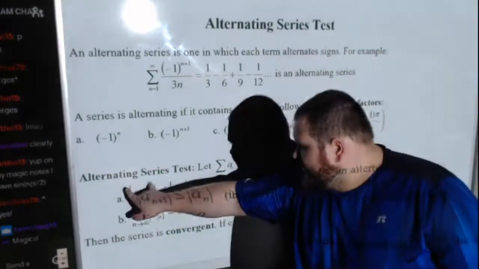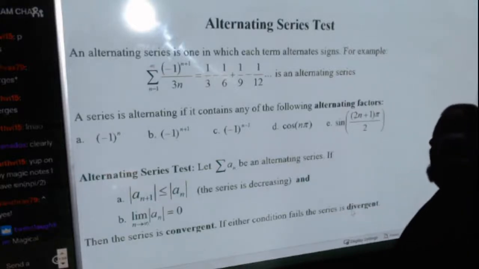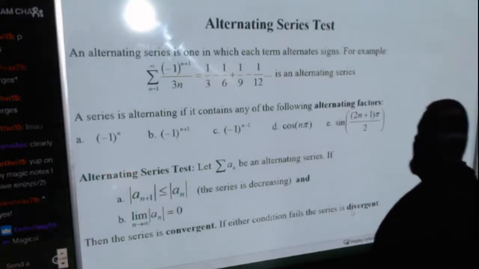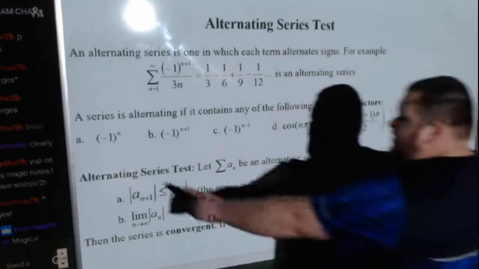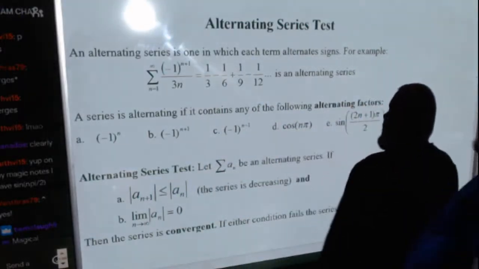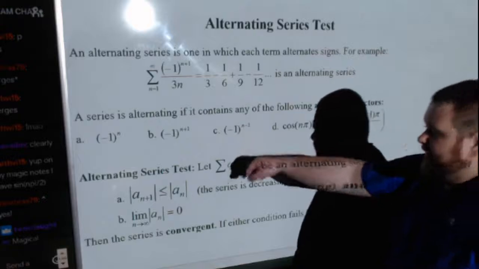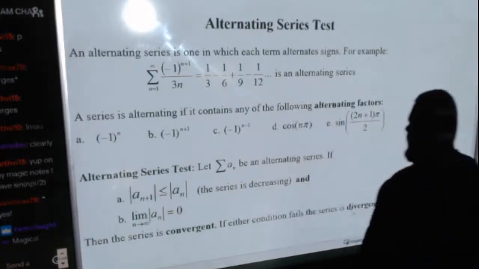The important thing here is note that there's absolute values. The whole point of those is to strip away the portion that makes a series alternating. So once we discover that it's alternating, we need to get rid of that portion and then test it.